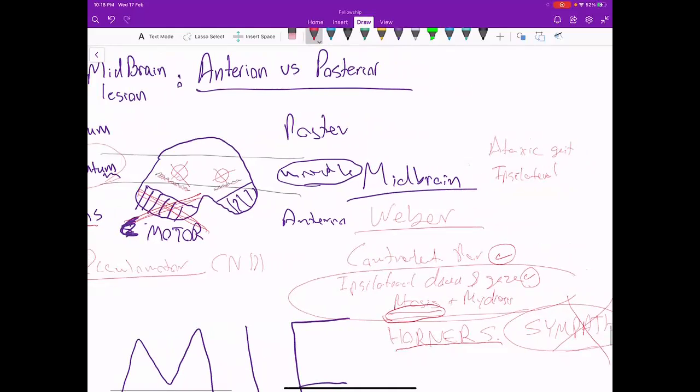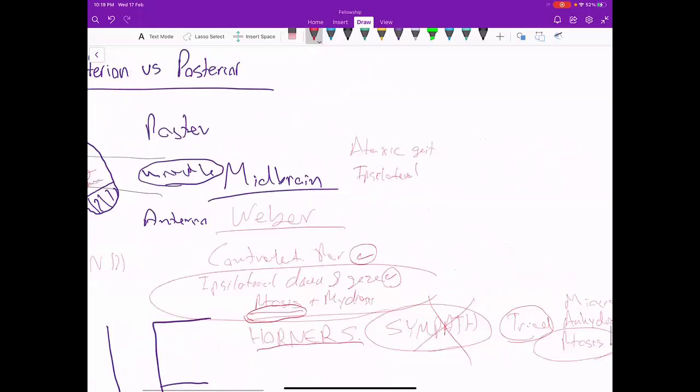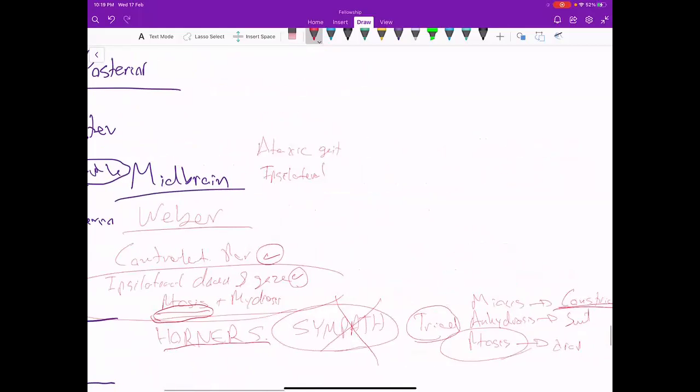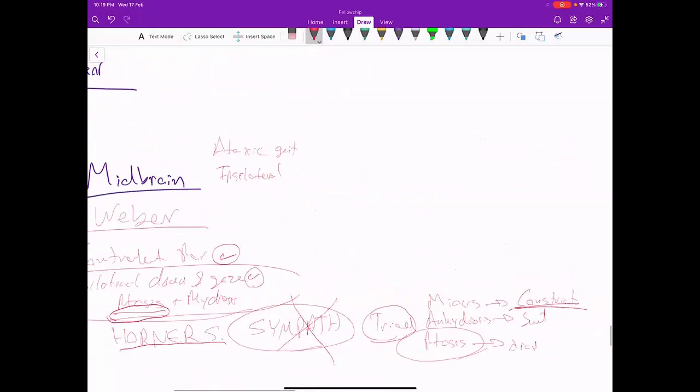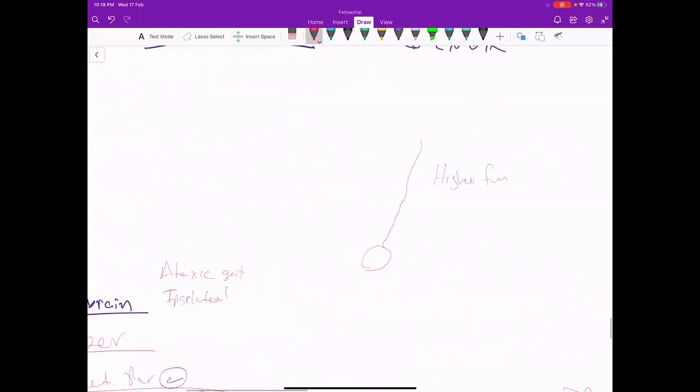Does anyone know what the red nucleus is responsible for? Rubrospinal tract. Excellent. What's the rubrospinal tract responsible for? Flexors, for flexion of the upper extremity. Posturing. Exactly. Excellent. So let's put it this way. The red nucleus, which is in the midbrain, has upper or higher functioning innervation, which is from the cortex.